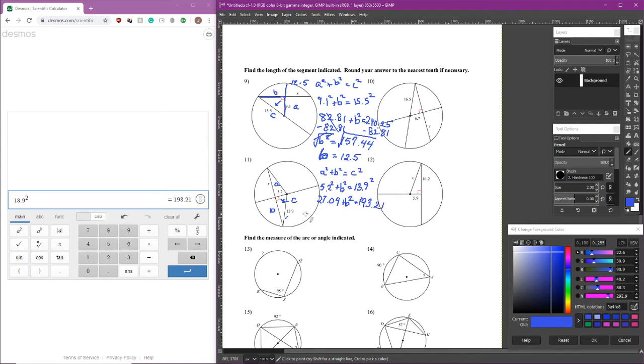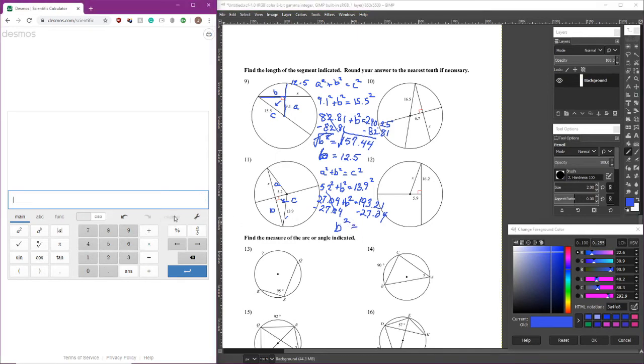Now to get b squared all alone, we need to take away this 27.04 from both sides. B squared will equal that difference there.